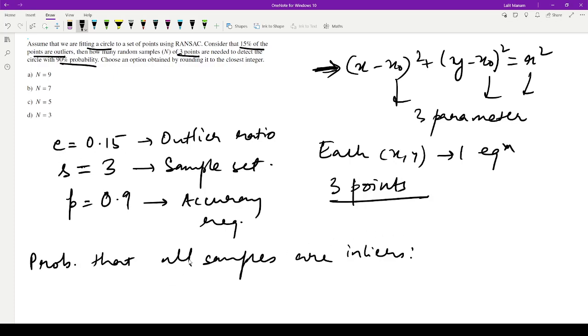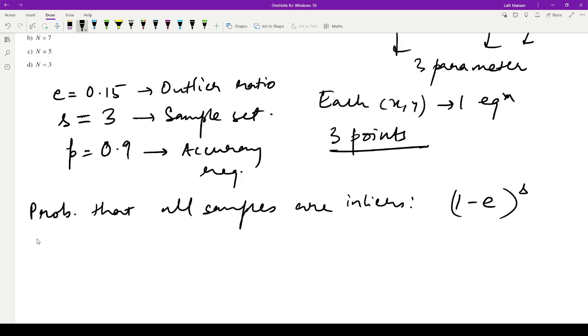So for each sample to be an inlier, it is 1 minus E. And we multiply it S times for the sample set. So the probability that all samples are inliers is (1 minus E) to the power S.